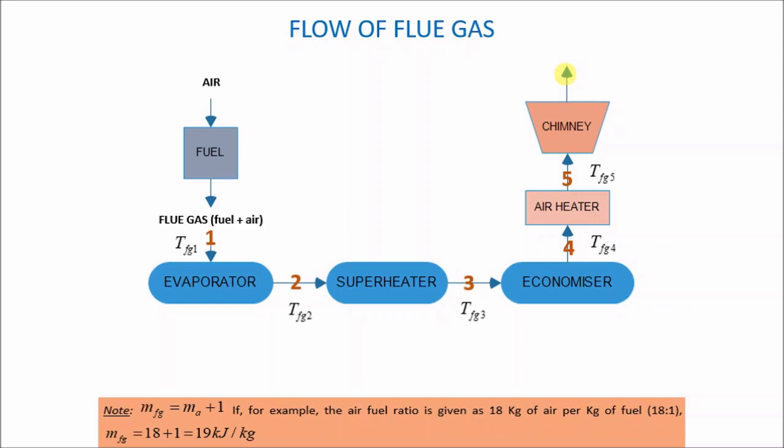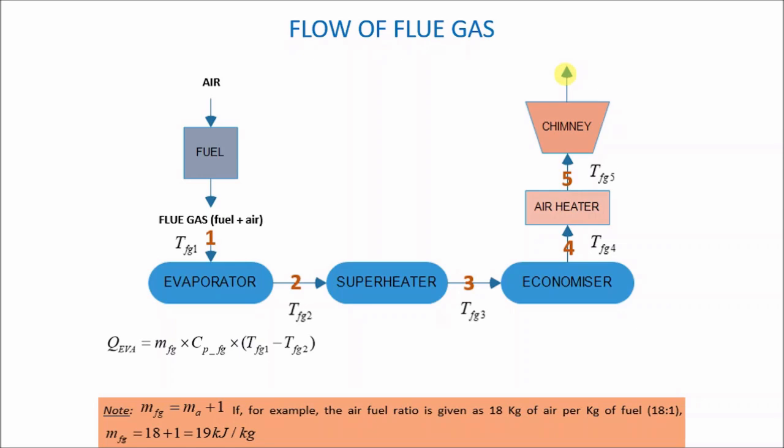What I mean by that is that if, for instance, we wanted to know what is the heat absorbed by the evaporator, if we had all the data of the flow of the flue gas, we could also use this equation. So heat absorbed by the evaporator is equal to the mass of flue gas multiplied by the specific heat capacity at constant pressure of the flue gas, Cp of the flue gas.